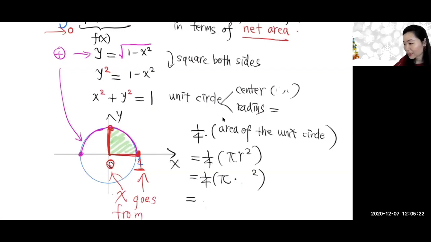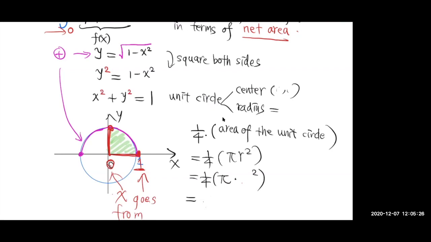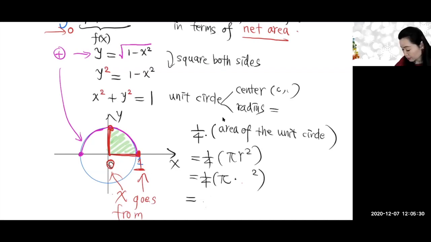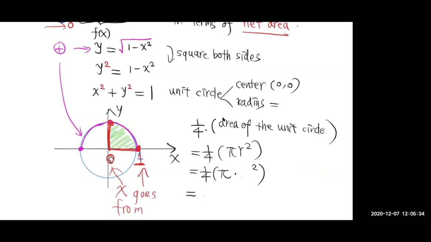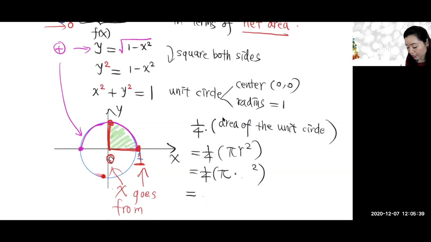What's the center of that circle? 0, 0, right? And the radius is 1. So I draw the circle here, centered at the origin with radius 1.